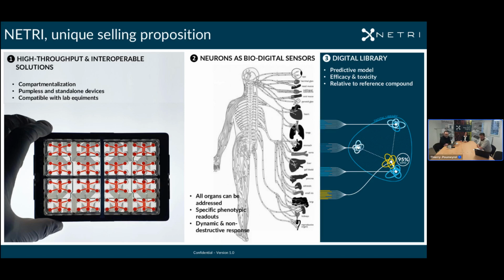That means we are able to build a digital library, and that's what we are doing at this stage. There will be a first version of this library in the second quarter. Of course, we look forward to populating this library to a point where we will have a predictive model. That's really the goal, and I would say reachable within a year now.